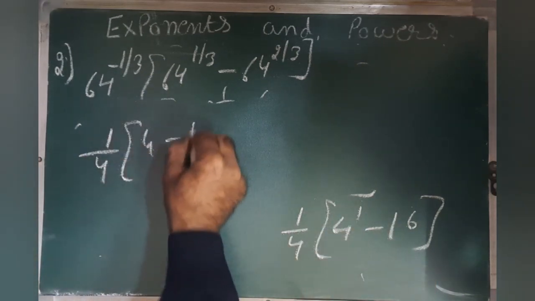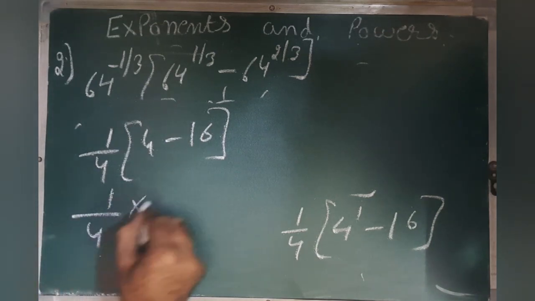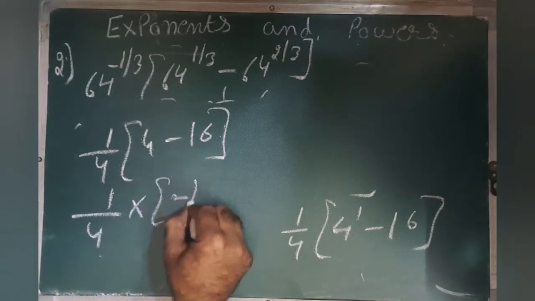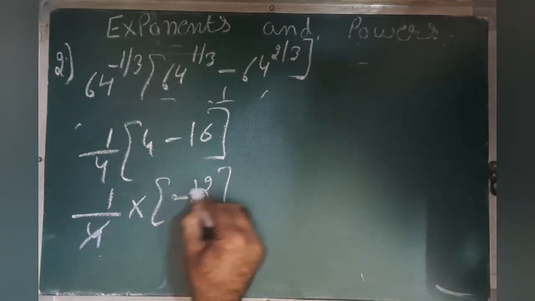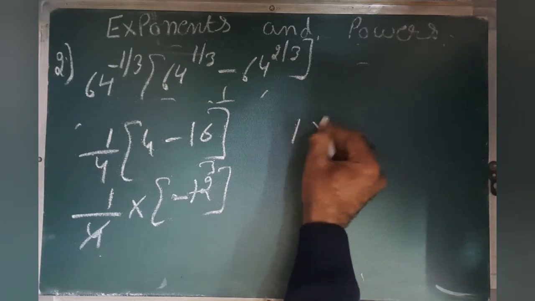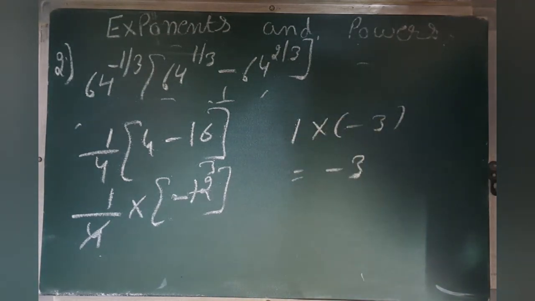So 4 minus 16, that means minus 12. Now 4 3s are 12. So 1 multiply minus 3, that means minus 3 is the answer.